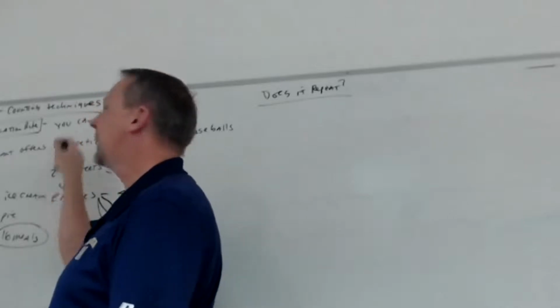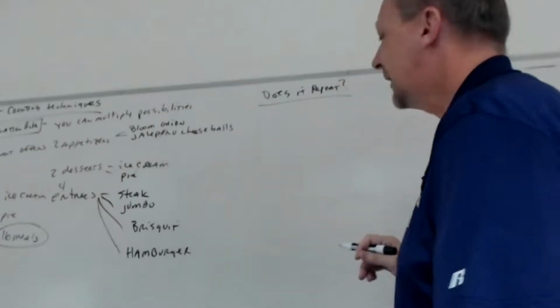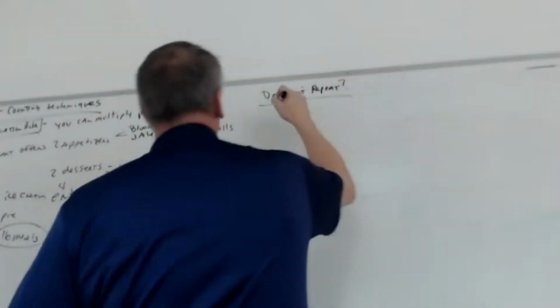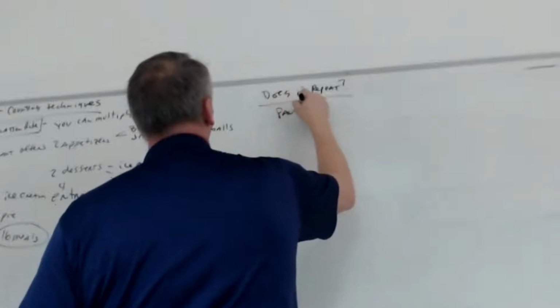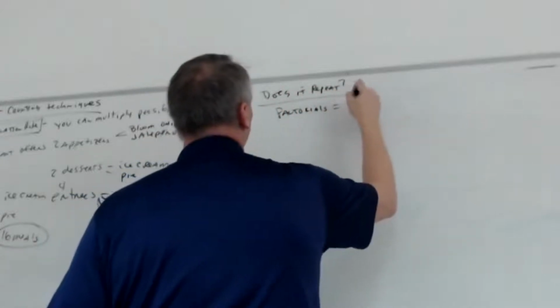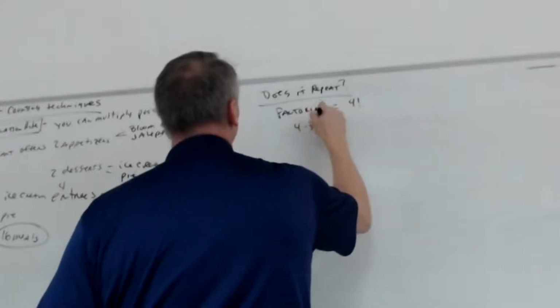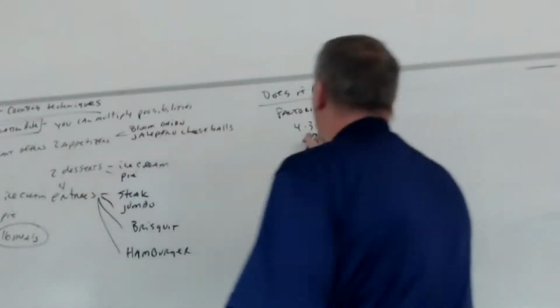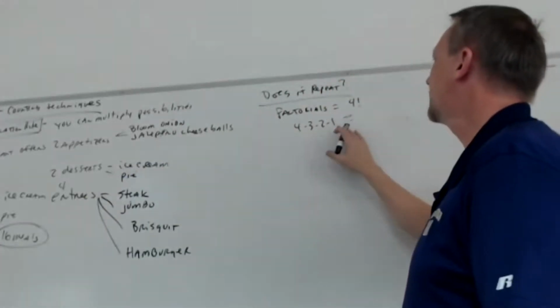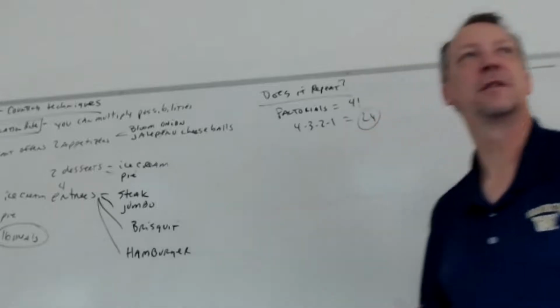So I'm going to pick one out of every group. Now, does it repeat? We can talk about factorials. If I did say 4 factorial, that is the same thing as 4 times 3 times 2 times 1. So 4 times 3 is 12, times 2 is 24, times 1 is 24. Do you guys remember factorials?